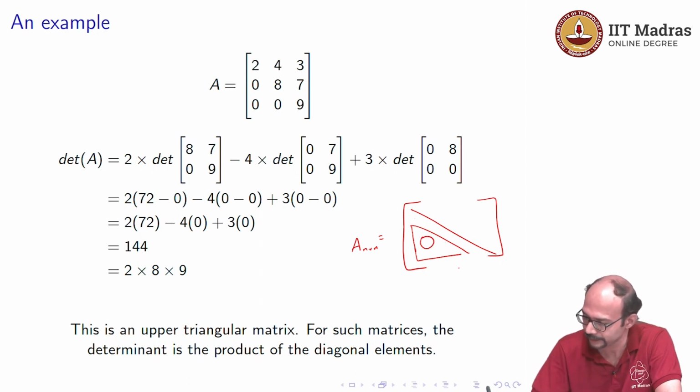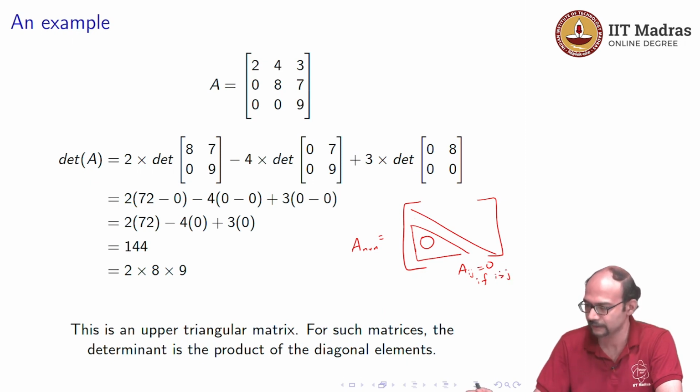Okay, so we are going to write this as Aij is 0 if i is greater than j. So if the matrix satisfies this property, it is an upper triangular matrix, and this is how it looks. Similarly, we have lower triangular.